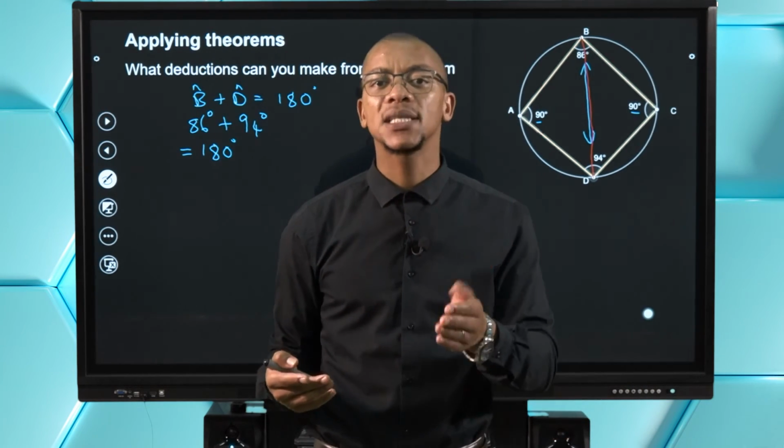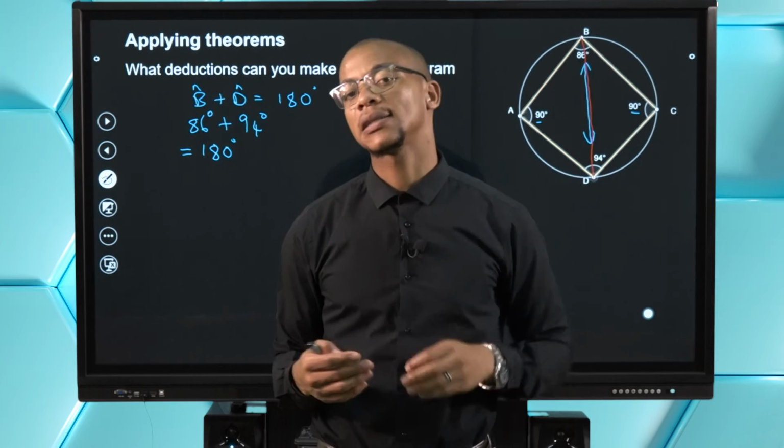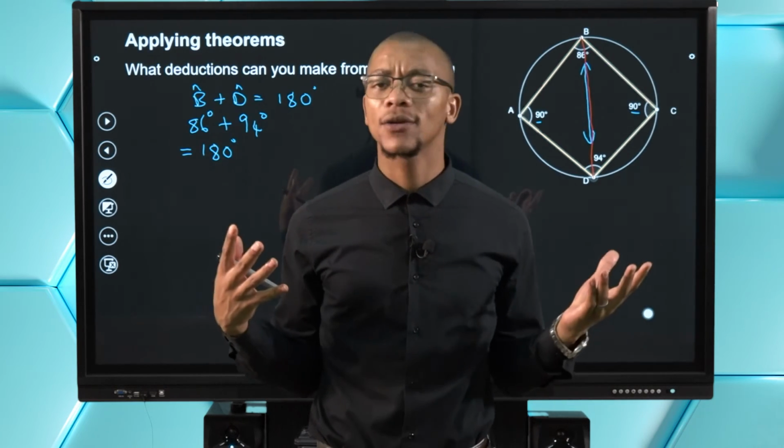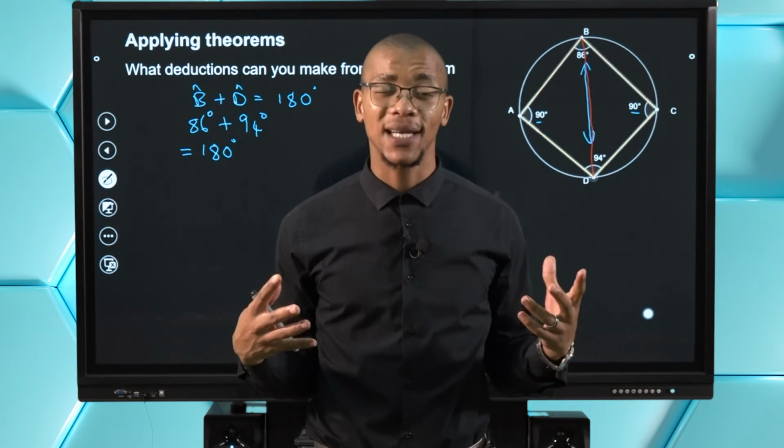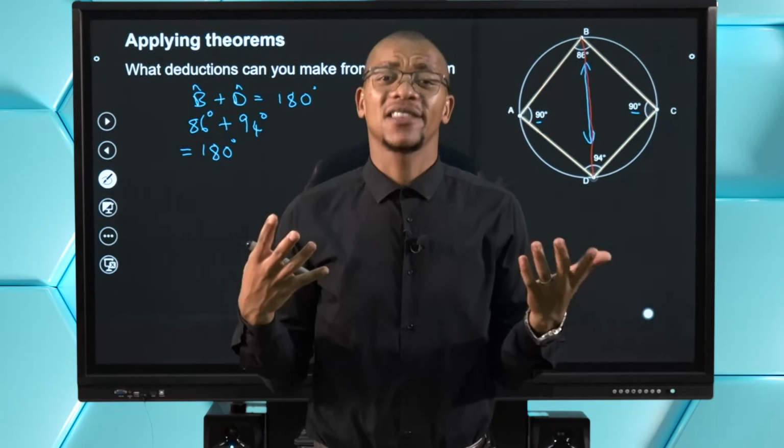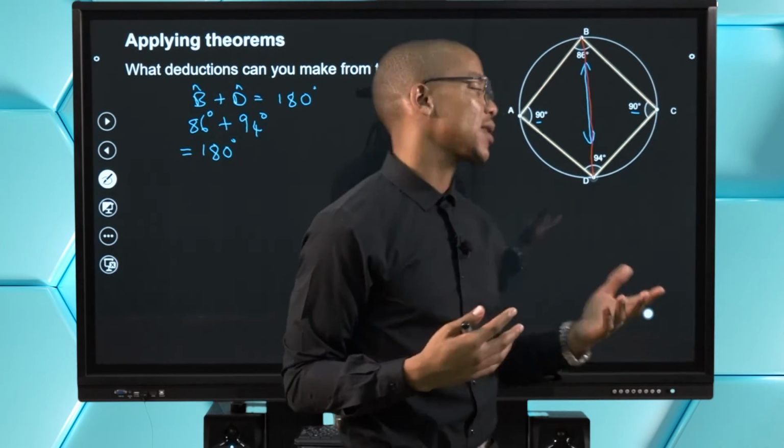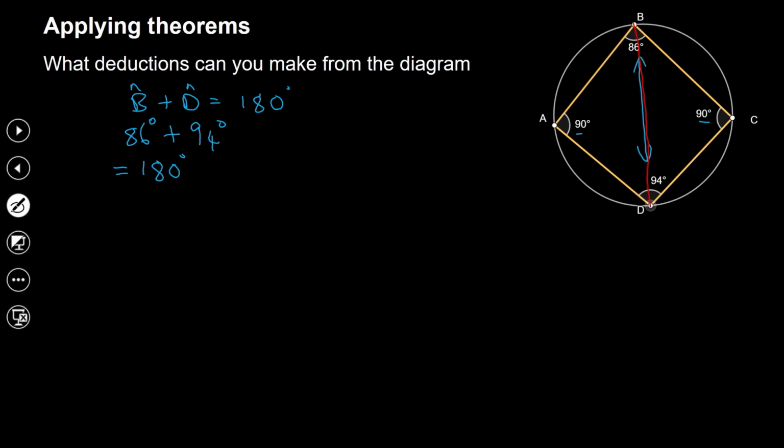So line BD will pass through the center of the circle. That's one of the things you need to be thinking about, one of the deductions that I'm going to draw from this. So let's see what I mean. I will say BD is a diameter, or rather let me write it in full, diameter.